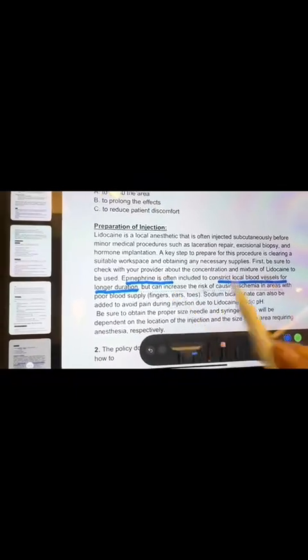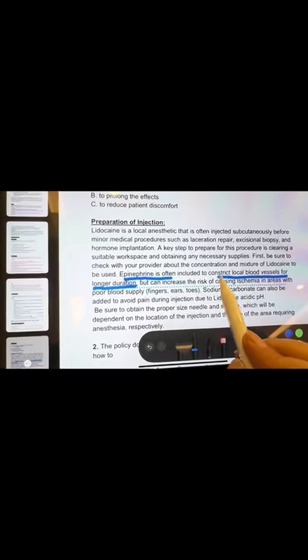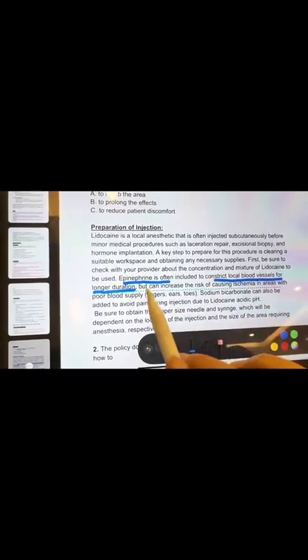So you can see that this is exactly matching: you add epinephrine so that blood vessels are constricted and it helps to maintain the anesthesia for longer duration.